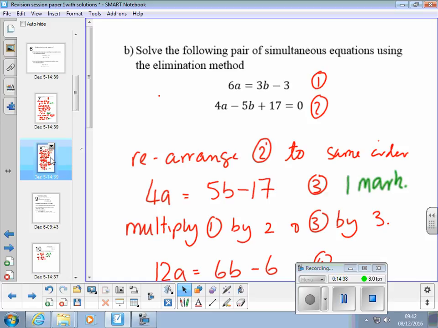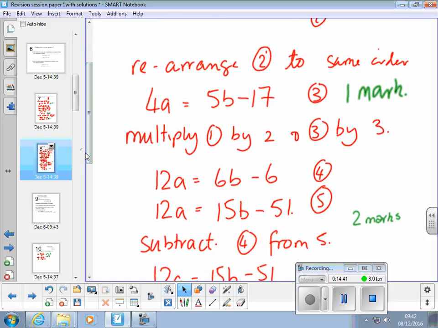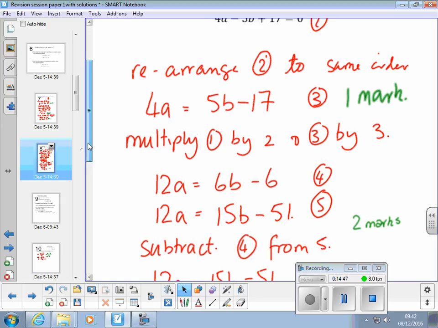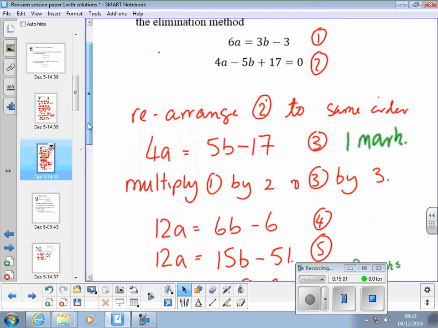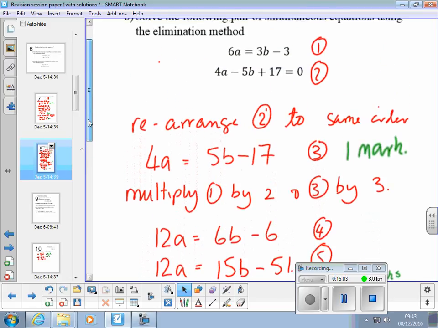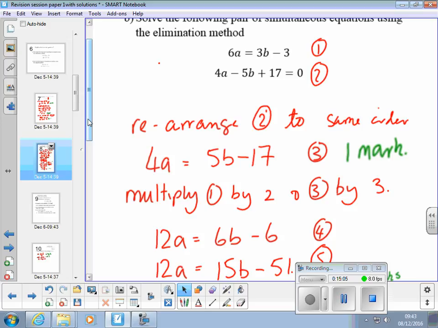1 mark. Multiply equation 1 by 2 and equation 3 by 3. In doing that, we've ended up with the coefficient of a being the same. You didn't do anything with the other one, so you ended up with 6a. That's not a problem.